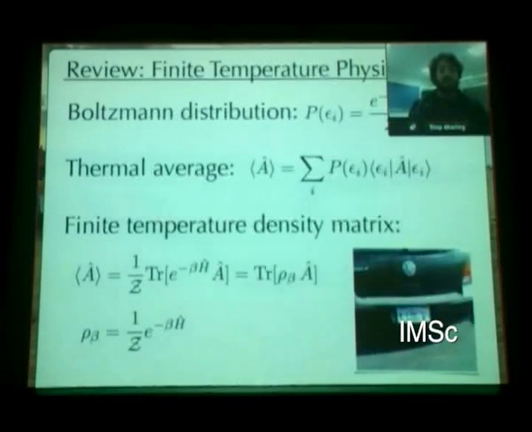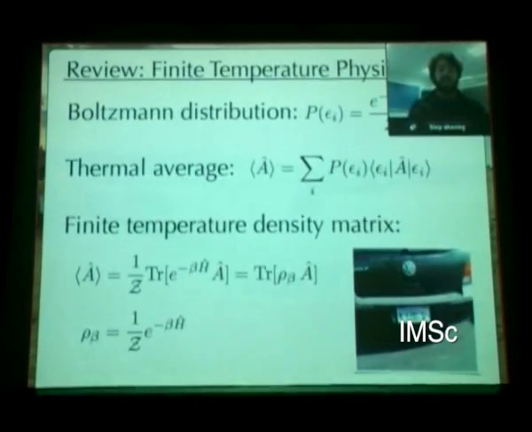Unfortunately that's cut off, but you all know the Boltzmann distribution. So first, just a review of finite temperature physics. The idea is we want to work in the canonical ensemble, which in the case of energy eigenstates is a set of states with weights that are nothing but the Boltzmann weights.